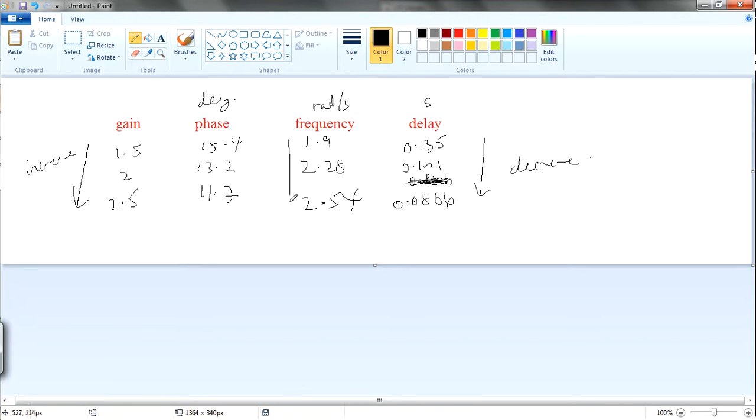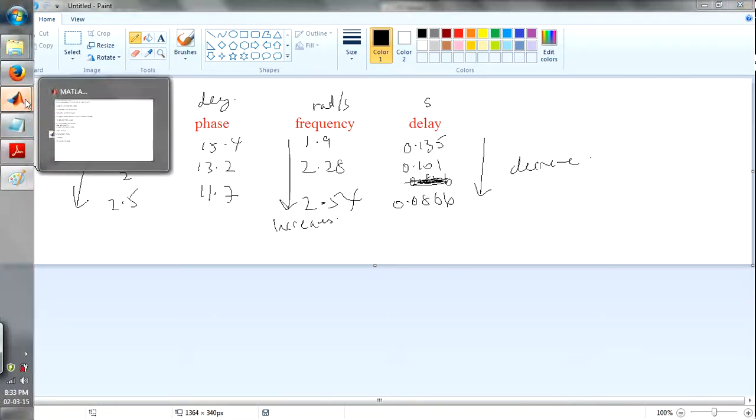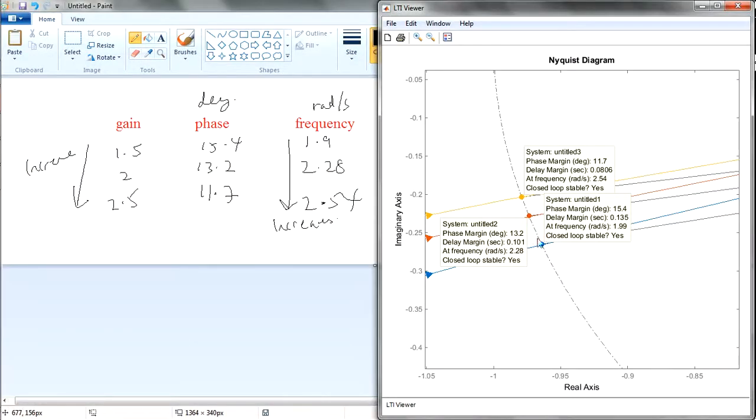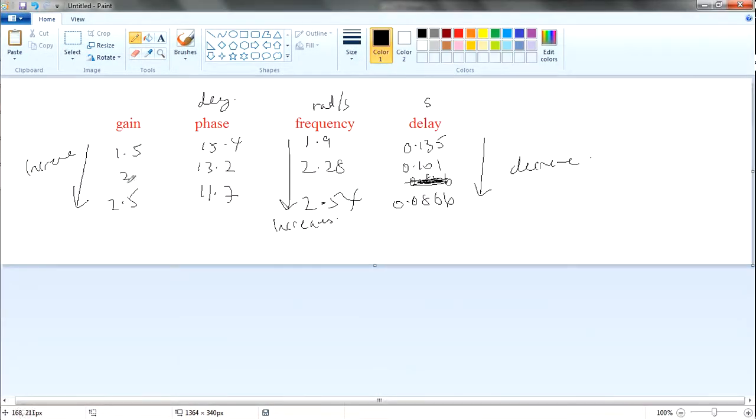However, when your frequency increases, in order to be stable, this is the point. These are the 3 points. So as your gain increases, your frequency has to increase, your delay will decrease, and your phase angle, as you can see, will decrease also.